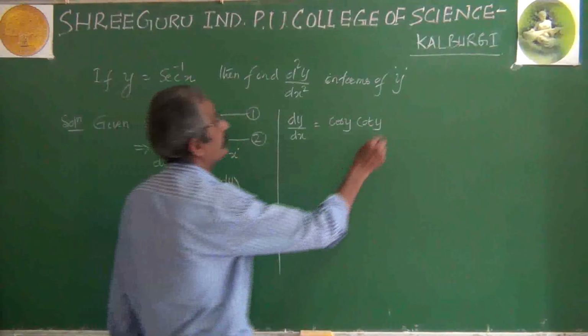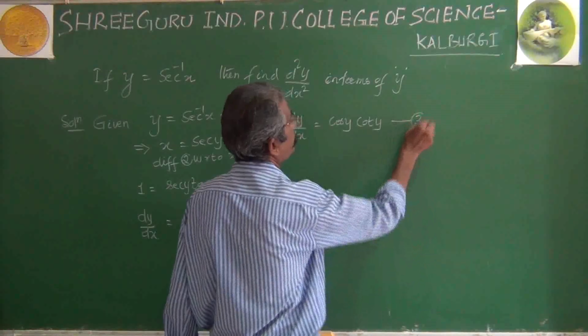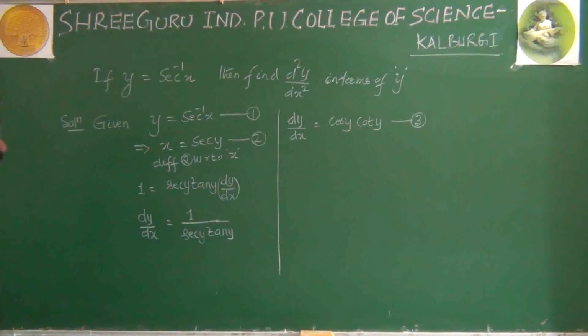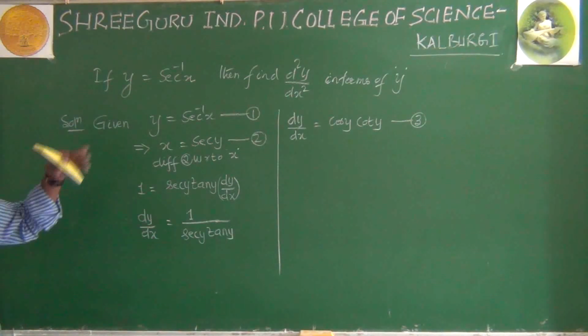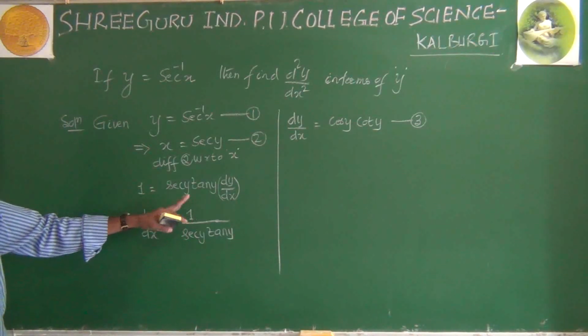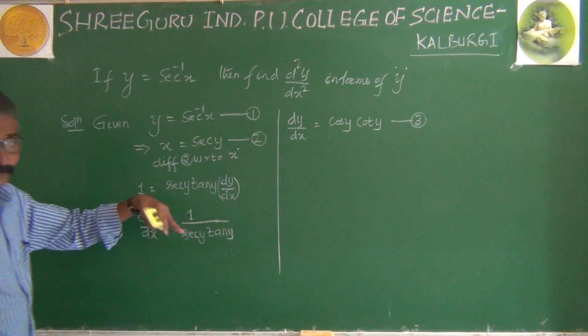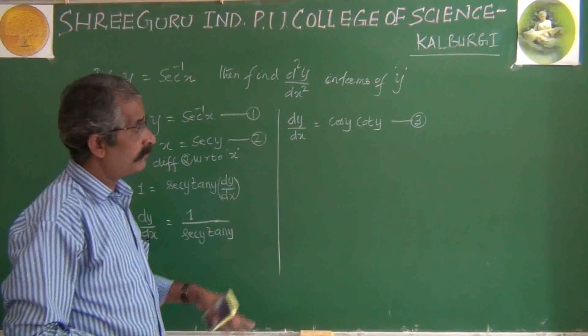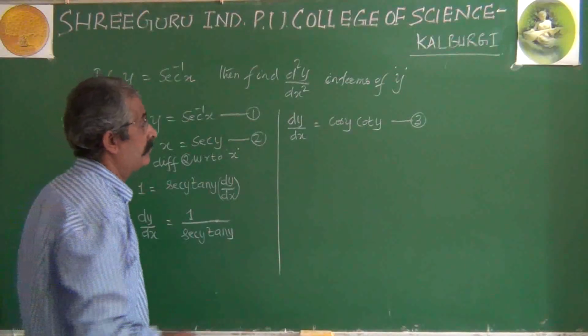Call it equation 3, because 1 by sec y can be written as cos y, and 1 by tan y can be written as cot y from trigonometrical concepts.